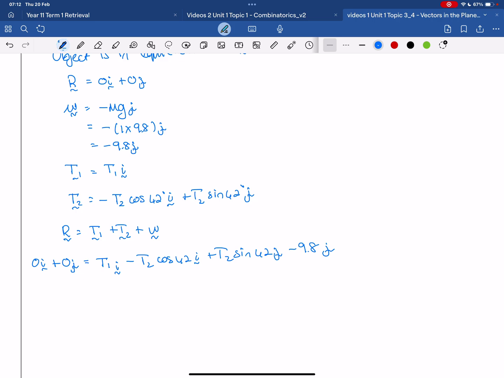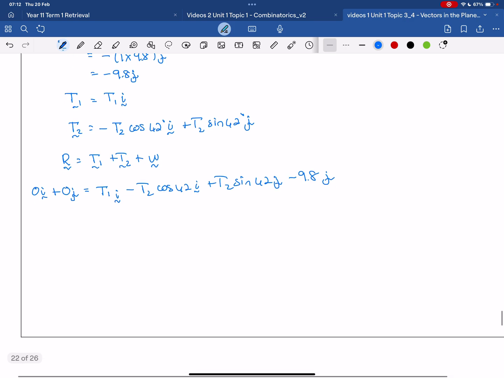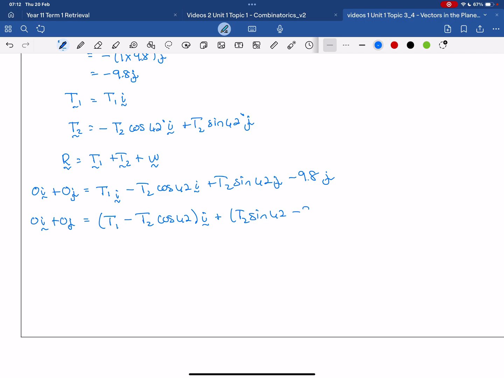Okay, and now I can collect my I and J components. So I've got 0I plus 0J is T1 minus T2 cos 42 I plus T2 sine 42 minus 9.8 J. And hopefully you can see that we're going to have a simultaneous equation here.